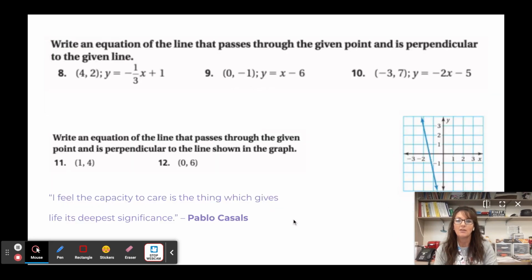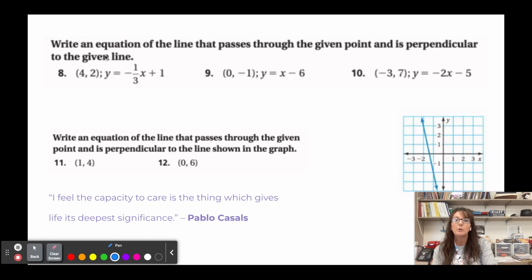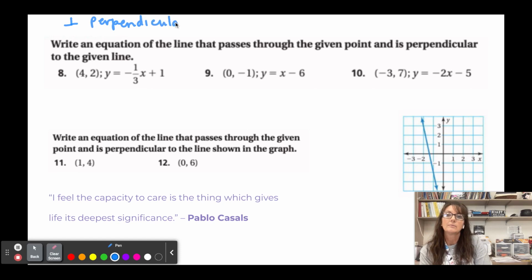And moving right along. All right, next is the perpendicular. Now, what we remember about perpendicular lines is that they are a couple things. Here's a symbol that means perpendicular, even though it's not really straight. They have a product of -1.